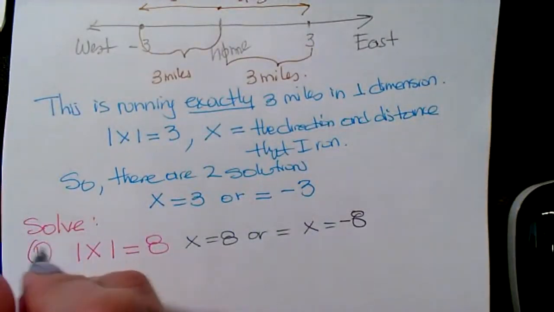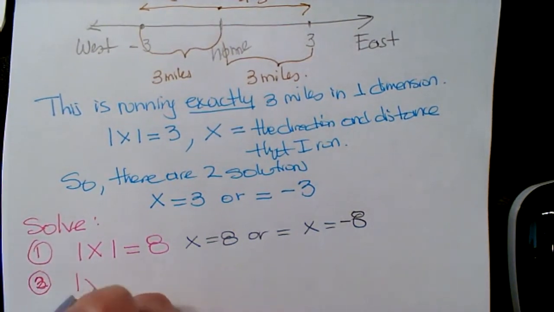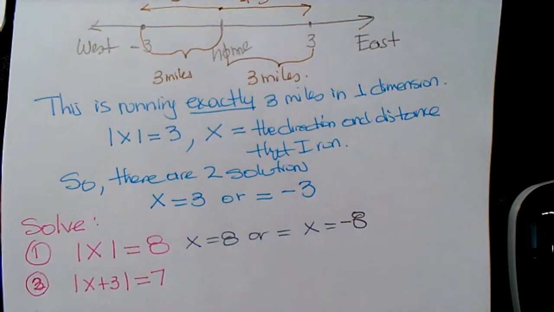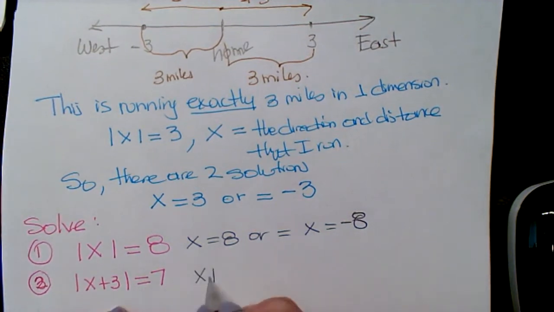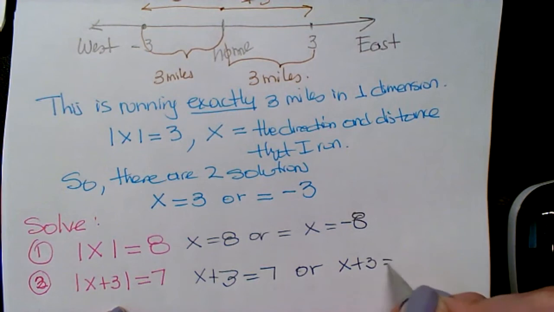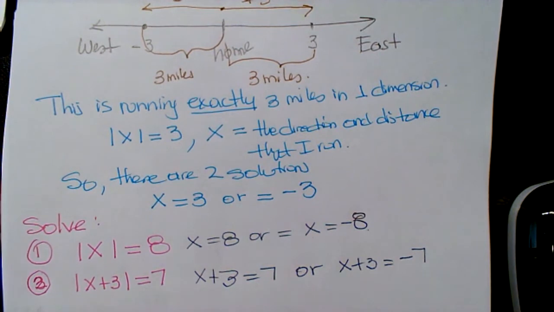The next example, right? Absolute value of x plus 3 equal to 7. So we're going to have x plus 3 equals 7, or x plus 3 equals what? Negative 7, just like we did here. Now, what do I need to do?